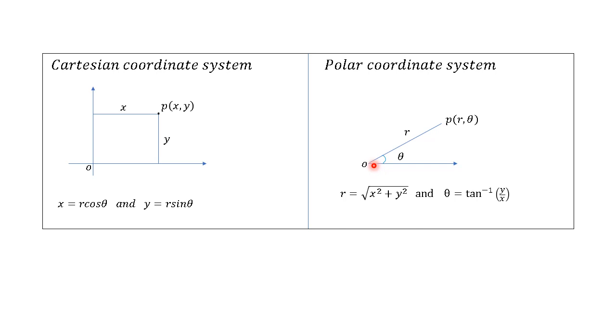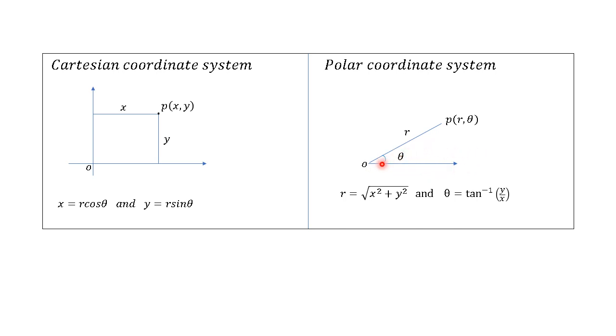In the Cartesian coordinate system, the reference point is called the origin, isn't it? Here the reference point we call the pole. And the ray from the pole in the reference direction is the polar axis.